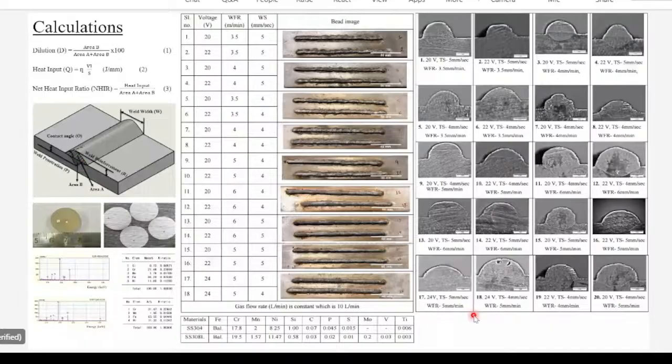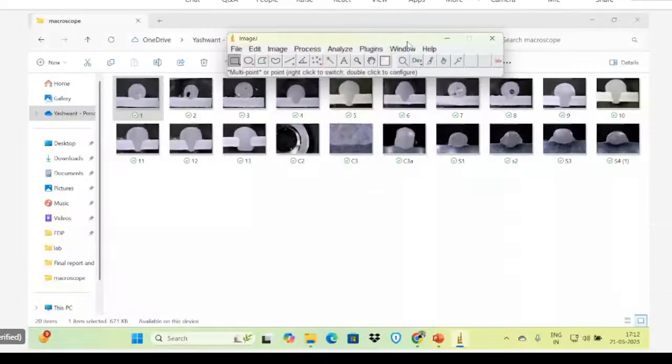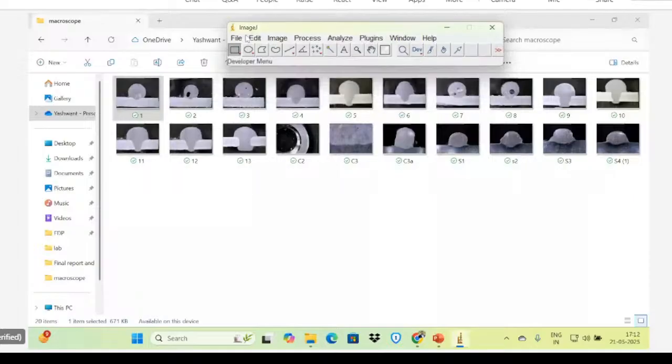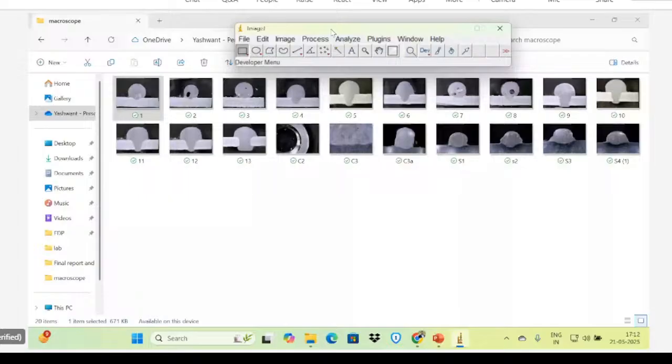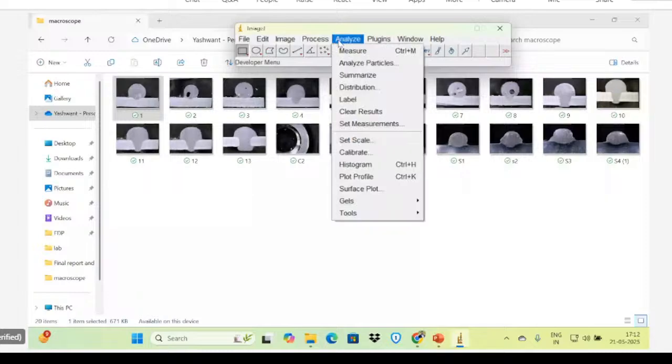We will be calculating all the parameters with ImageJ software. It is freely available, and PhDs and postdocs use it across the world. This software does not only measure the reinforcement area, penetration or length; it does a lot more.